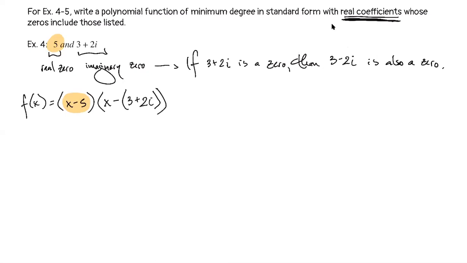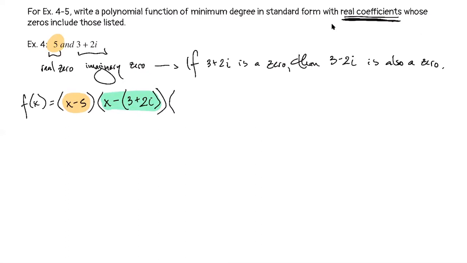I know that might be uncomfortable for some of us because there's an i, there's two terms, but this is the factor that goes with 3 plus 2i. It's always x minus whatever the 0 is.